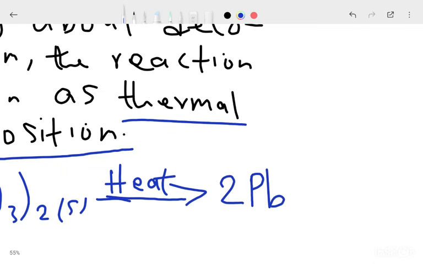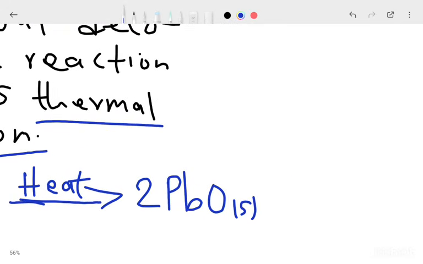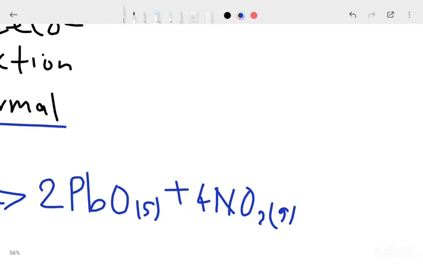So we have Pb, which is a solid. Then nitrate. Then gas, nitrogen dioxide, then oxygen.